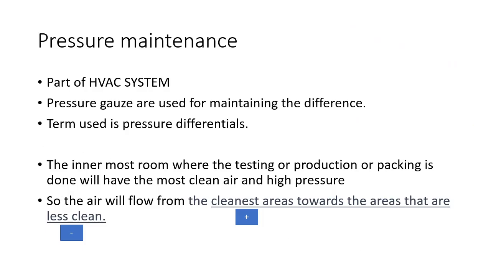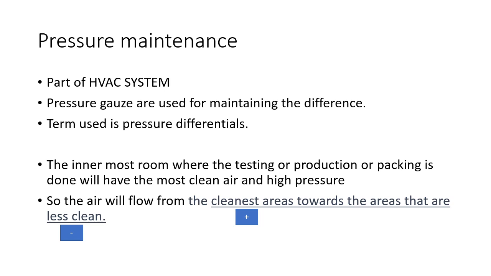So another part of the clean room is pressure maintenance. Maintaining pressure of a particular clean room is very important because you have to get that controlled environment. So even after temperature and humidity, pressure is also important. It is a part of the HVAC system, and there are pressure gauges which are used to maintain these pressure differentials.